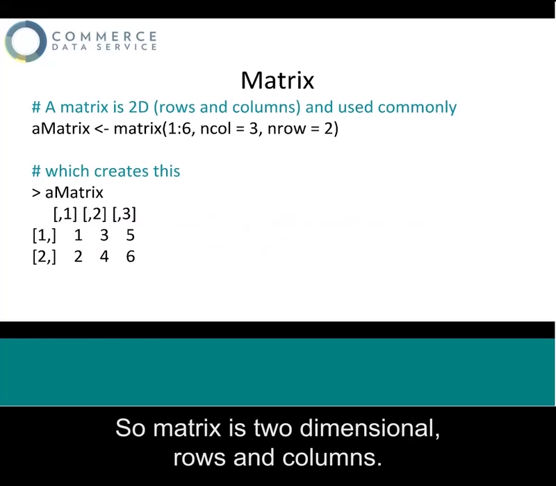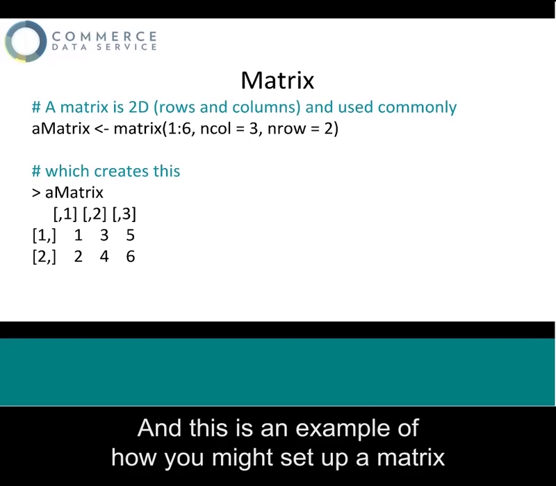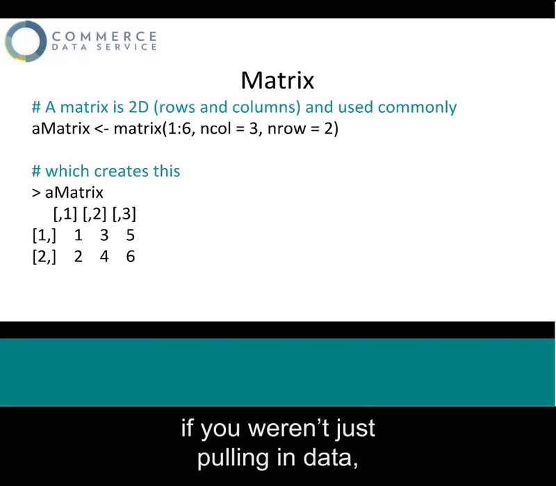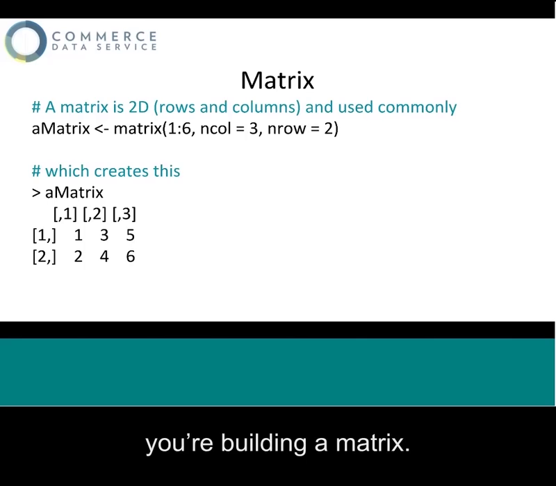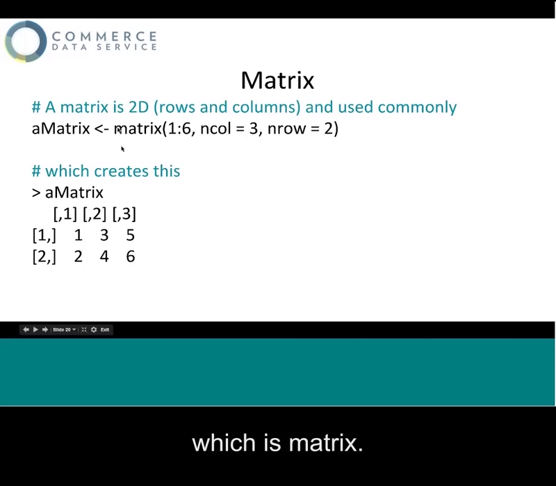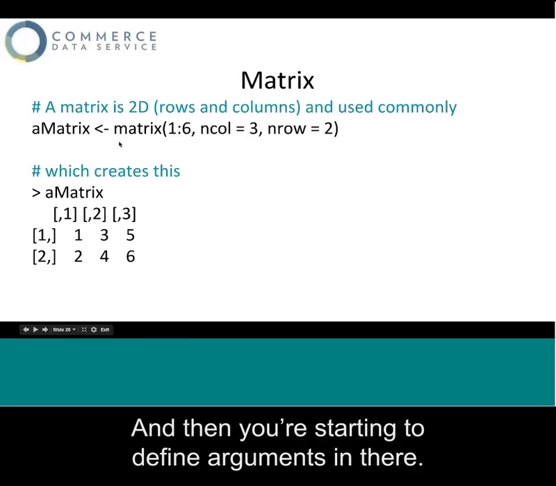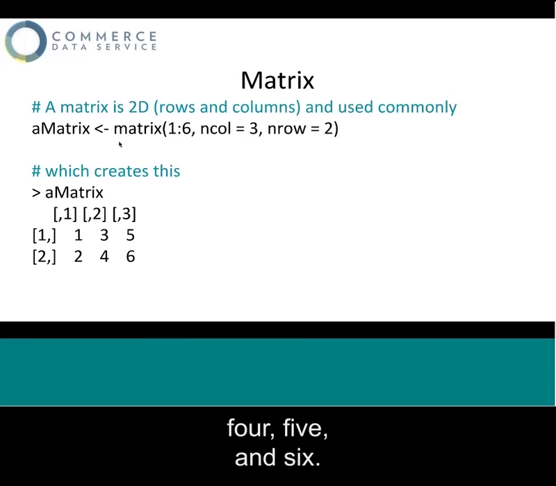So a matrix is 2-dimensional, rows and columns. It's used quite a lot. And this is an example of how you might set up a matrix if you weren't just pulling in data, like you were generating data, you were building a matrix. So what you see here is the function, which is matrix. And then you're starting to define arguments in there. So you're saying 1 through 6, here are the numbers 1, 2, 3, 4, 5, 6.